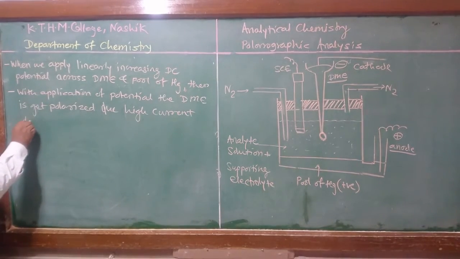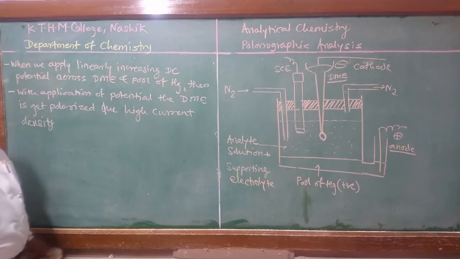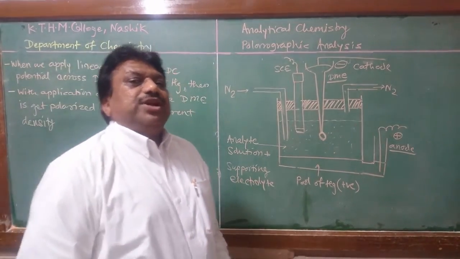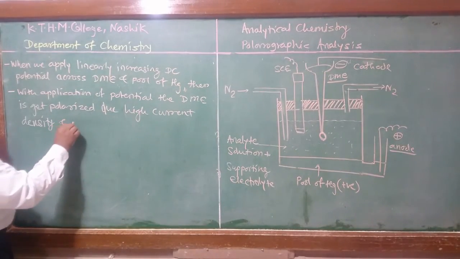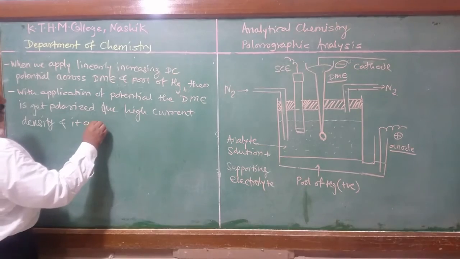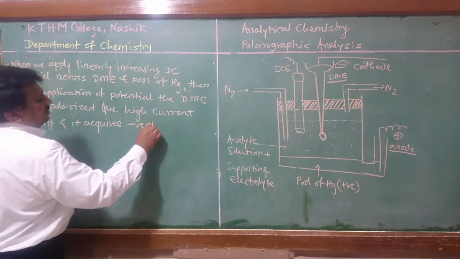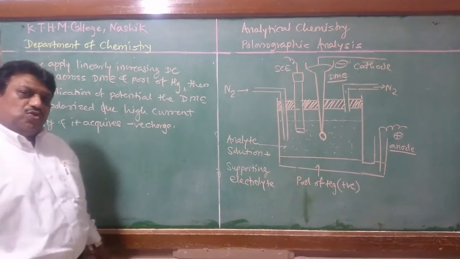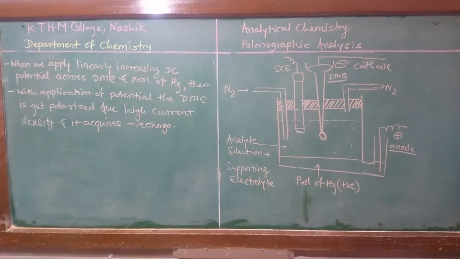Current density is the magnitude of current divided by the surface area of the electrode. Because of the very high current density, the dropping mercury electrode gets polarized, and it acquires a negative charge.